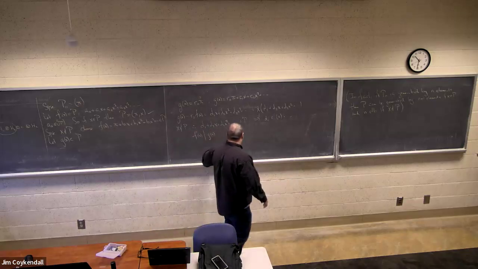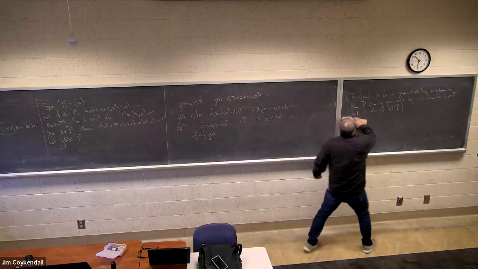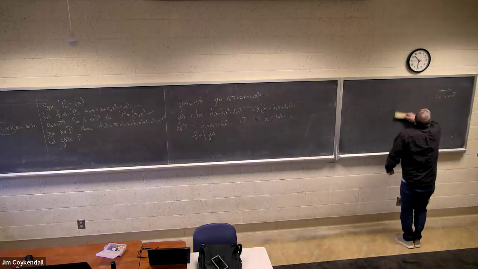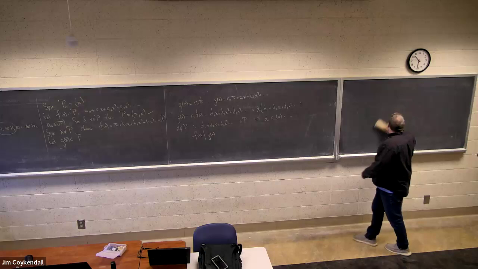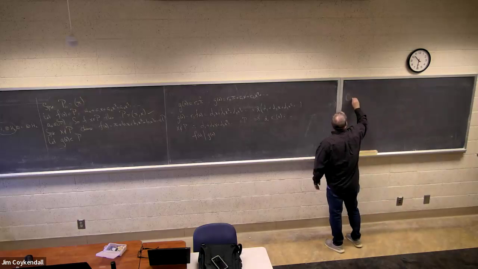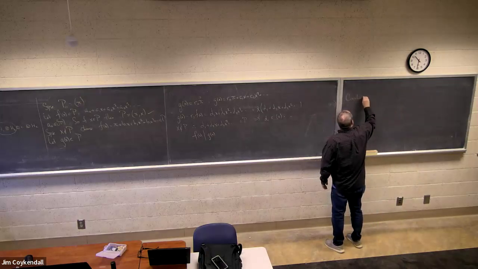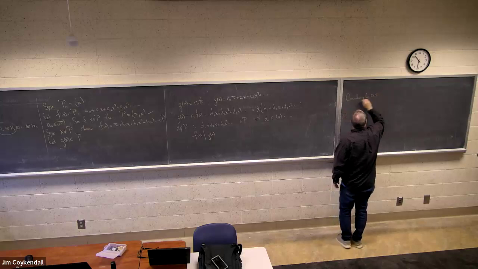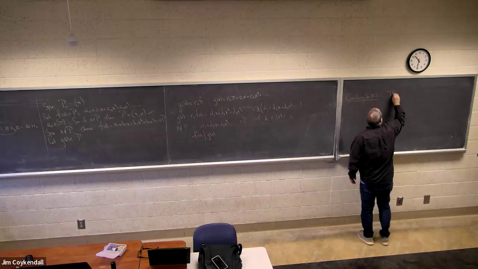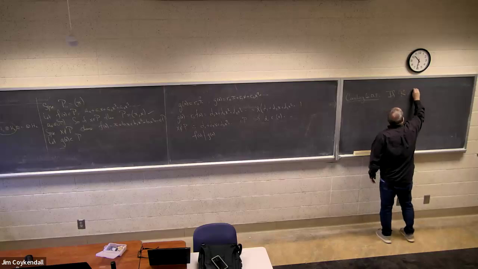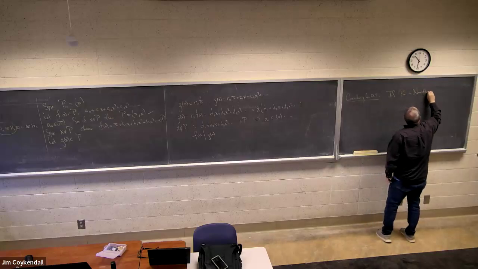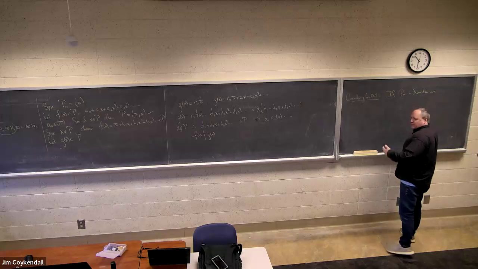Let me give you a couple of important corollaries to this. Number one, here R is Noetherian. Again, all my rings have one.